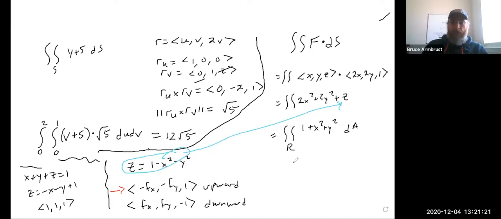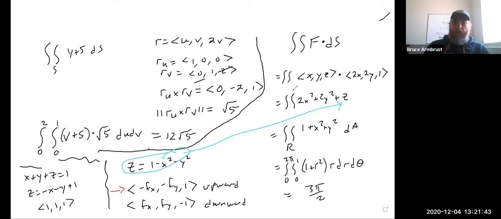So if we convert this to polar, we get 1 plus r squared times r d theta. Our r's go from 0 to 1, and our thetas go from 0 to 2 pi. You do this calculation, you get 3 pi over 2.